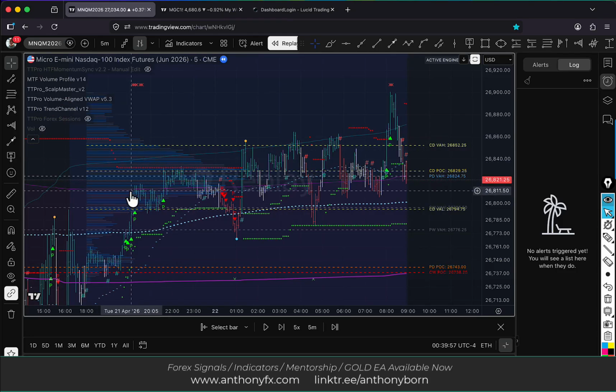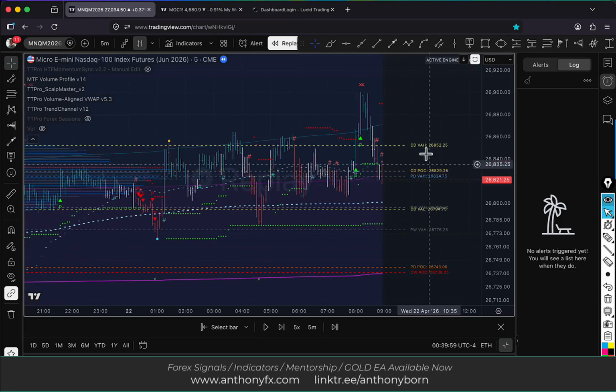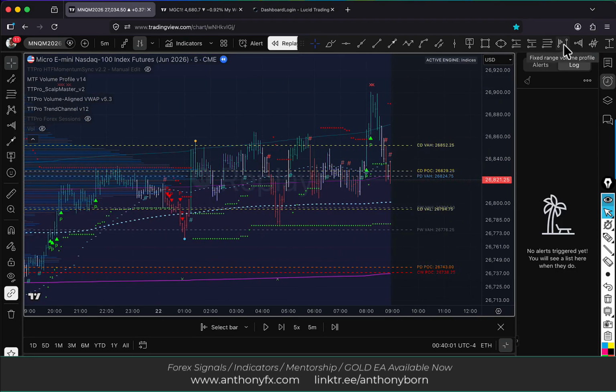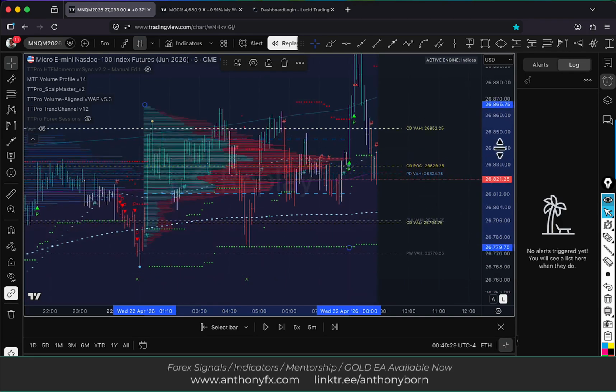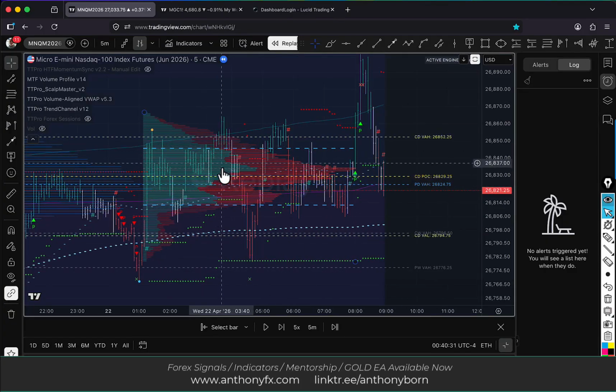You've got that there with the high and the low showing, but look, you can grab the fixed range and just take it from where you see, like this is prior, all right? You've got this from here through to here. Okay, see this? See how it gives you the high and the low?